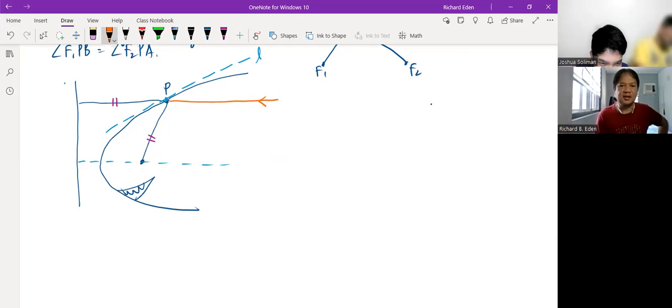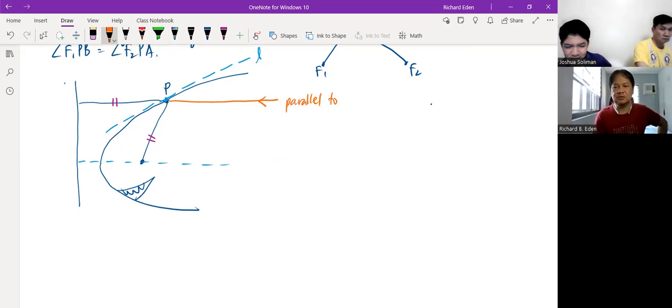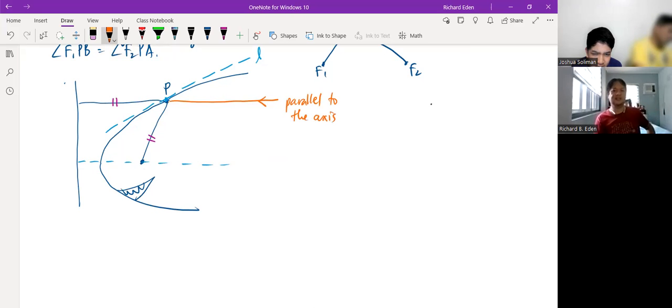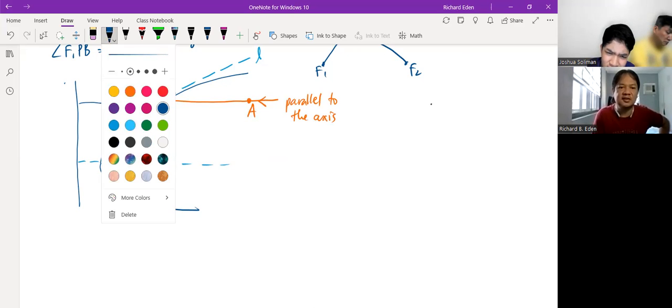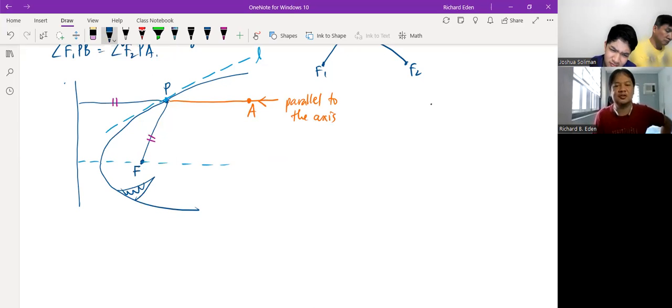All right. So this ray of light or ray of signal is parallel to the axis. Let's pick an arbitrary point here before it reaches the point of contact. So point A, and then this is the focus.